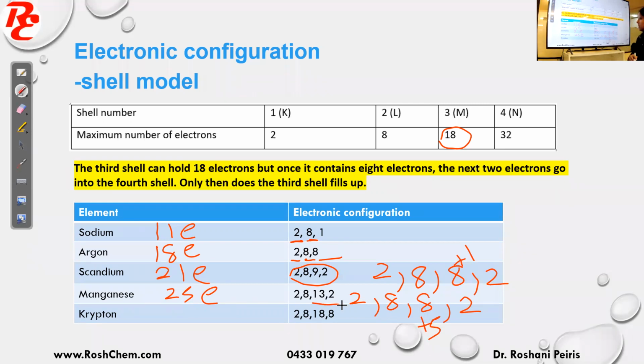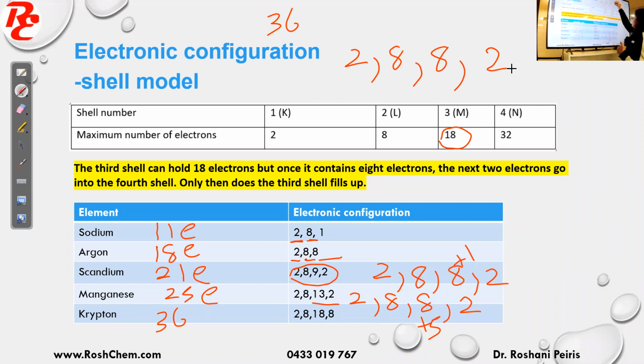Okay, now we'll take krypton, which is 36. How do we make 36 now? We have 2, then 8, then 8, 2. So 2, 8, 8, 2 means 20. If I want to make it 36, I want another 16.